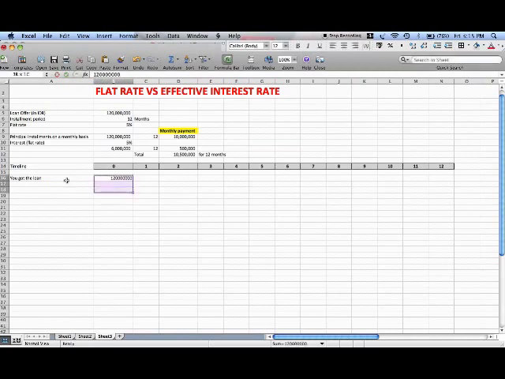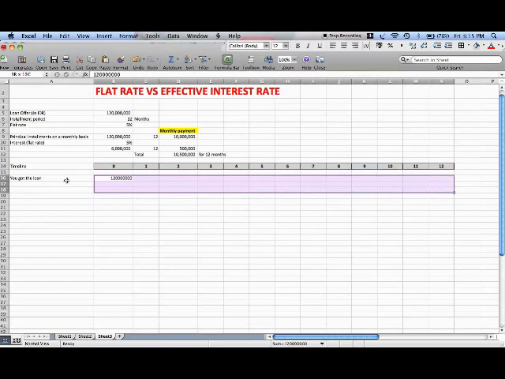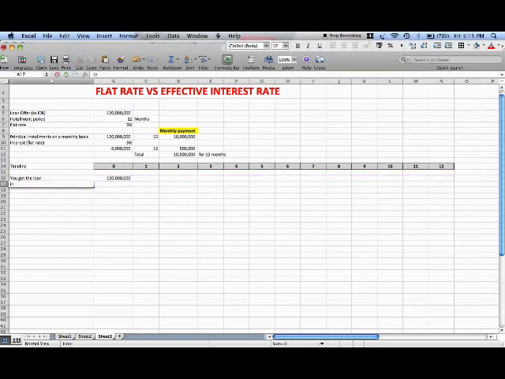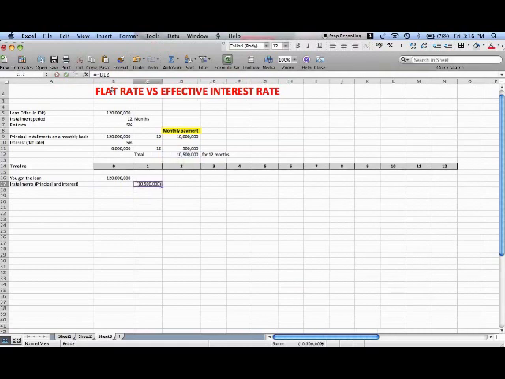Then 120 million, and then you have to make installments. This is principal plus interest. So you have to pay, and I put minus because it's a payment.